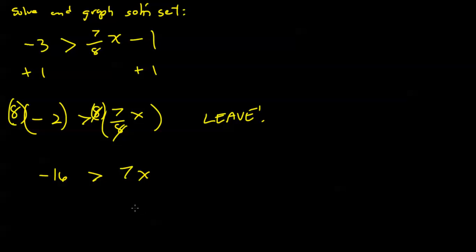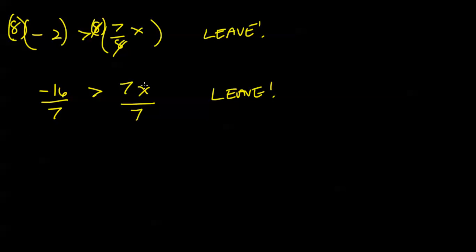So I get the statement now. Well, let's see, if I divide both sides by positive 7, again I leave the arrow alone. I'm dividing by a positive. I get 7x over 7 reduces to x, and minus 16/7 is on the left.